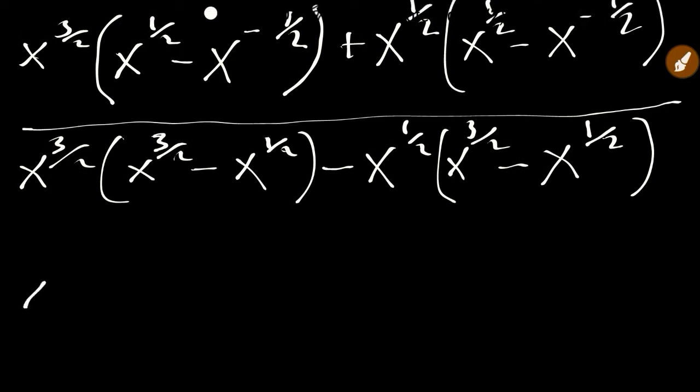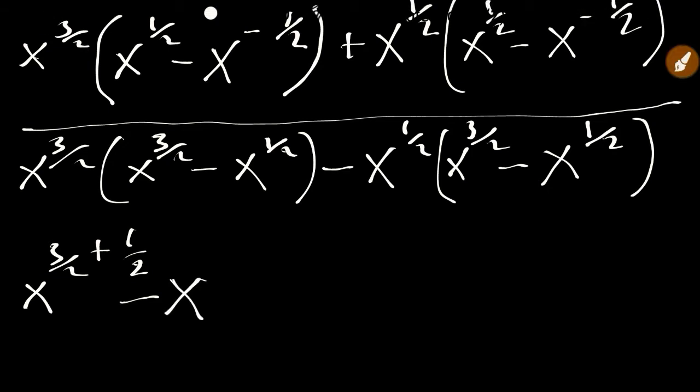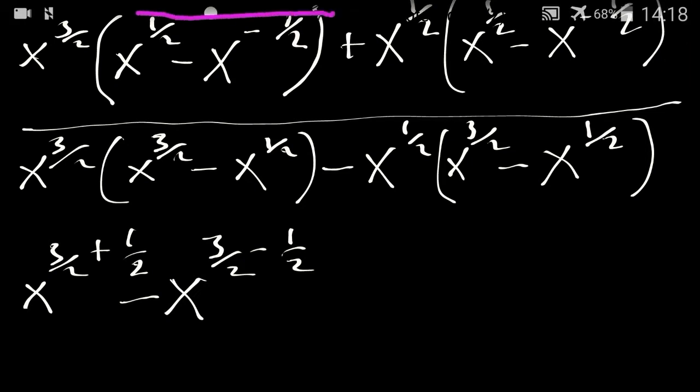To continue expanding by multiplying the character outside the bracket to the characters inside the bracket. Because x and x here are common, we take one of it, which is x, and then add the powers, law of indices, remember. And don't forget your minus, and then also multiplying x outside to this one inside, take one of the x and then add the powers, and plus and minus will be minus half, and we are done with that one.